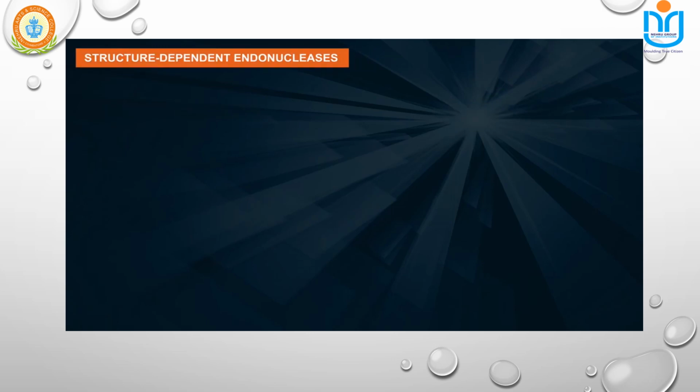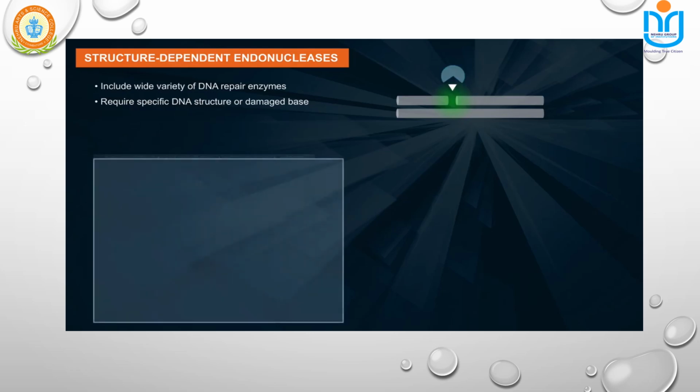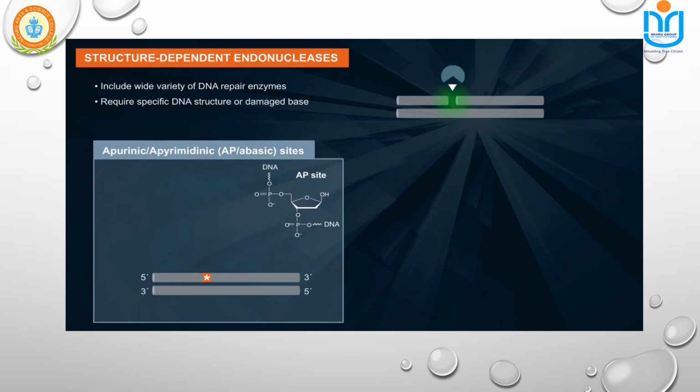Structure-dependent endos, which include a wide variety of DNA repair enzymes, require a specific DNA structure or damaged base for activity, and will cleave an internal phosphodiester bond at that structure or damaged base. Apurinic or apyrimidinic sites, also known as AP or abasic sites, are common and occur spontaneously in DNA when a base is lost.